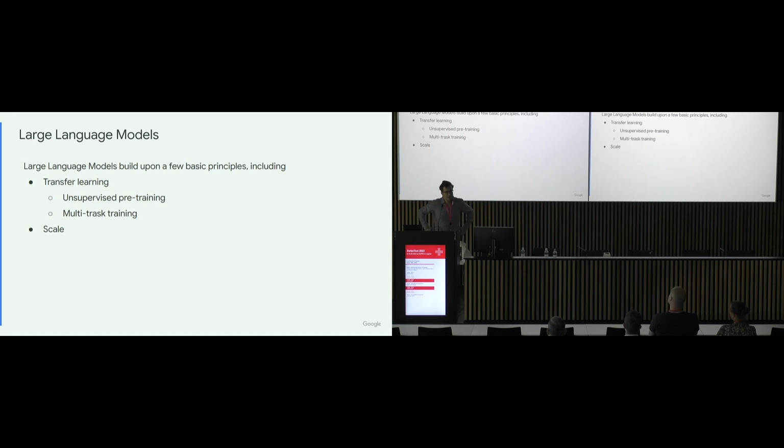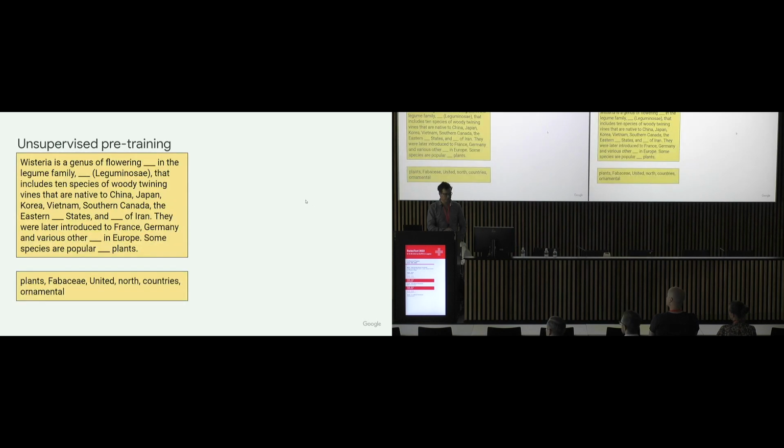The second idea is multitask training: train a model to solve multiple tasks simultaneously, and the hope is that there will be knowledge transfer across all of them. Some information encoded into the model to solve some tasks will be useful to perform better on the other tasks. And finally, scale: bigger models and bigger amounts of data to train them.